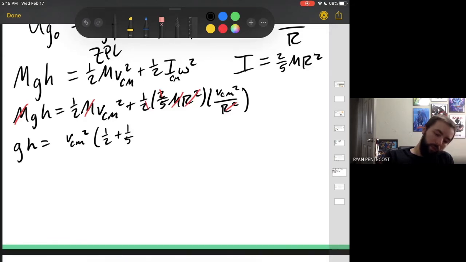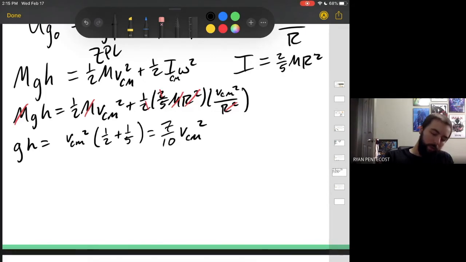M's are gone, R's are gone. Wow, that is all we have left. So that leaves us with 5/10, 2/10, so 7/10 of the velocity squared.